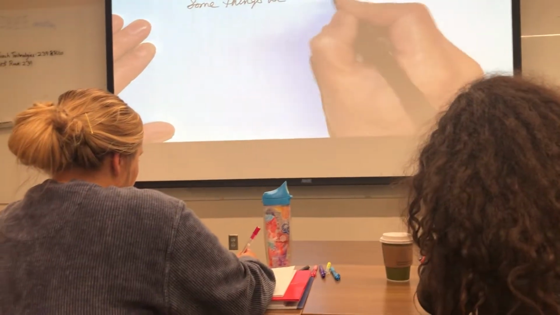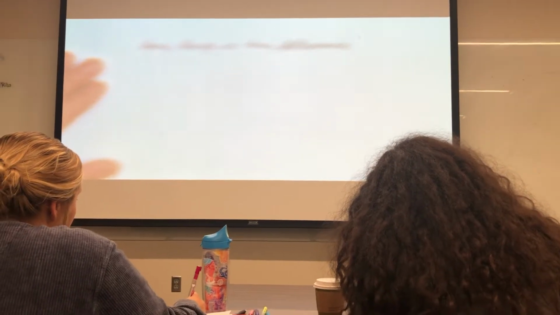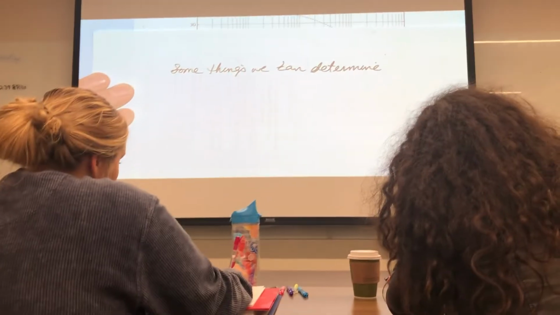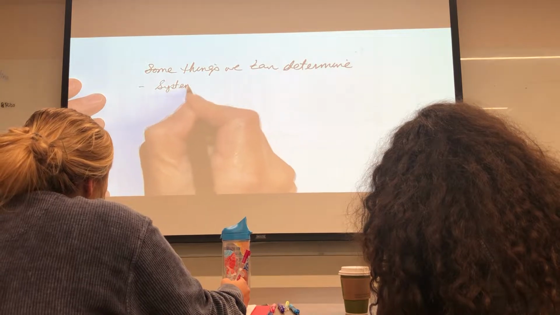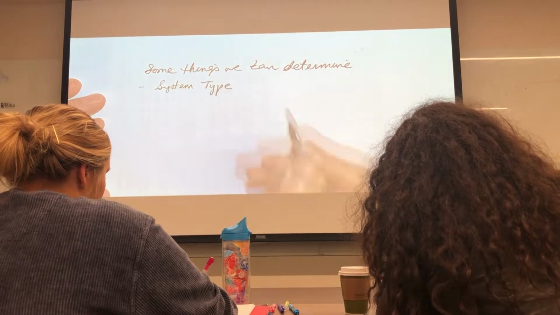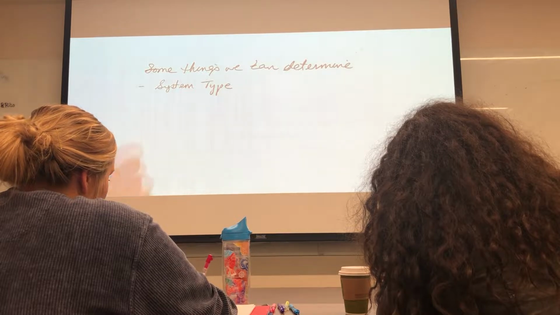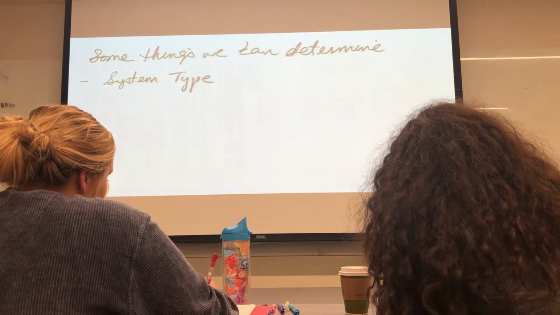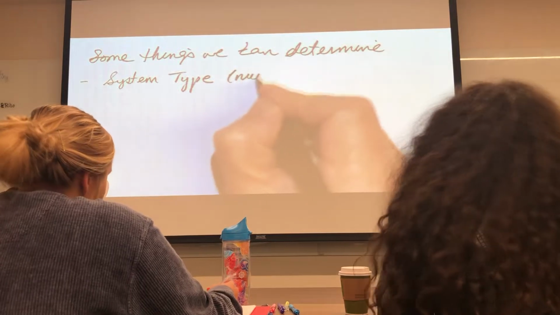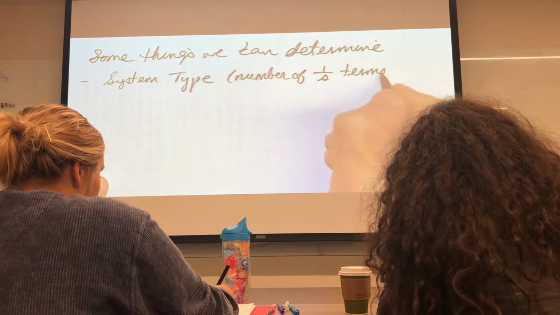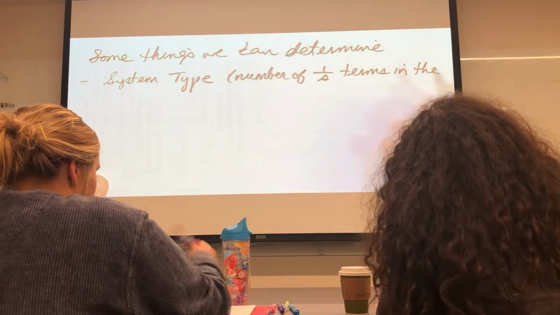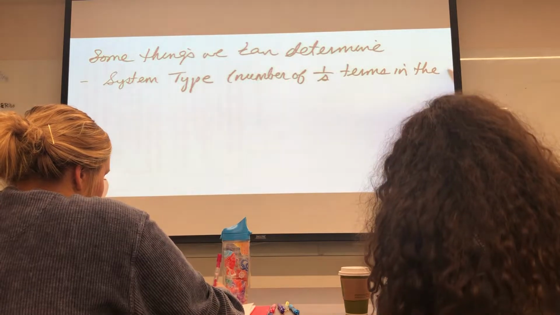Some things we can determine. Let's take a look at, for example, the system type. The type is the number of 1 over s terms in the open loop.